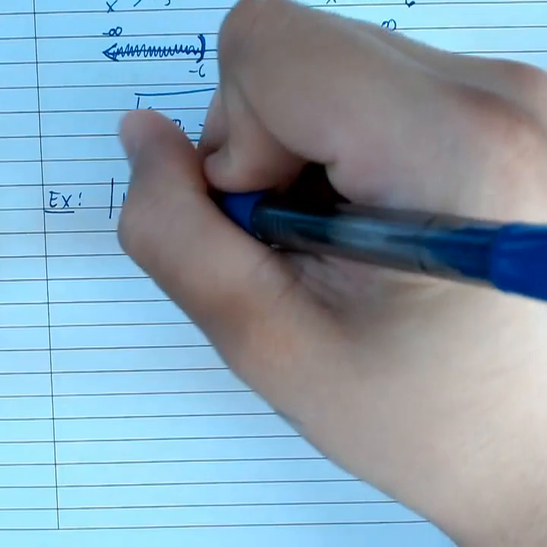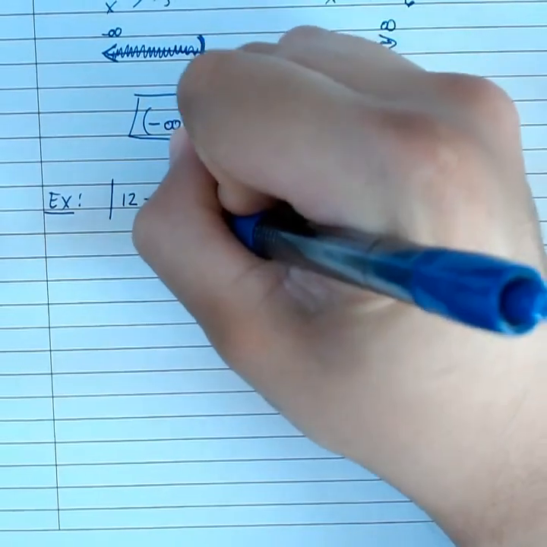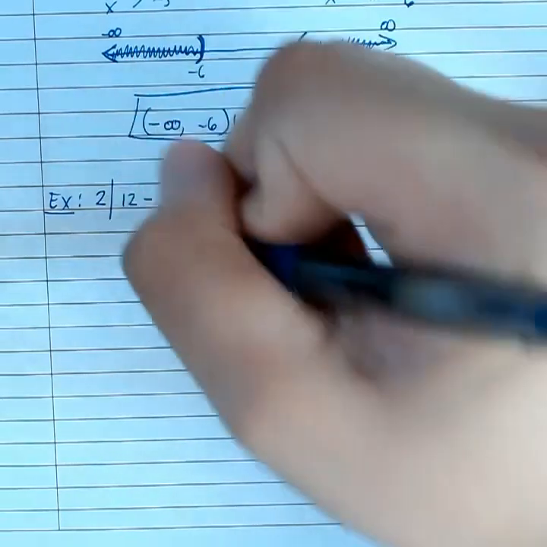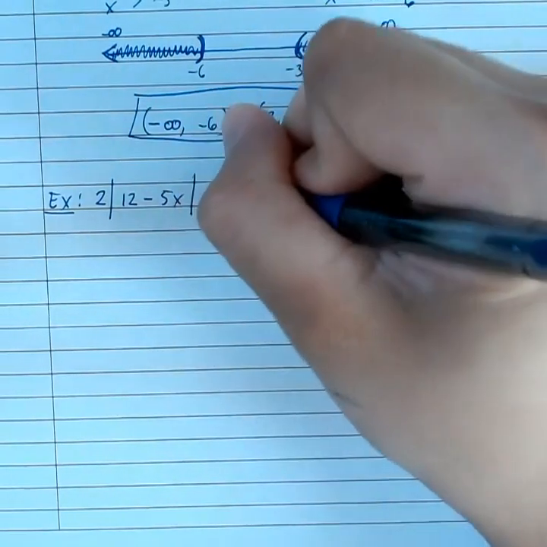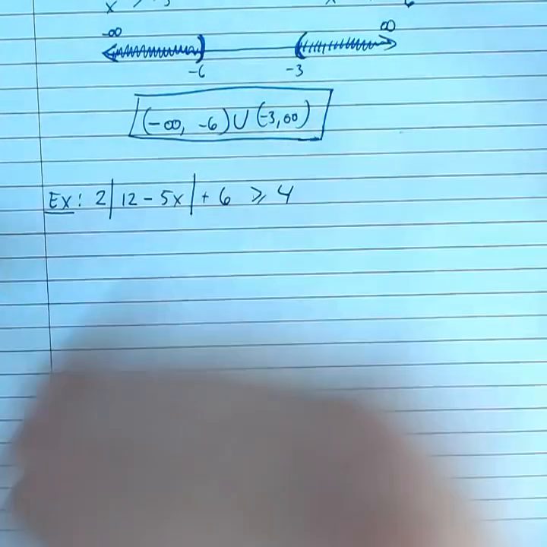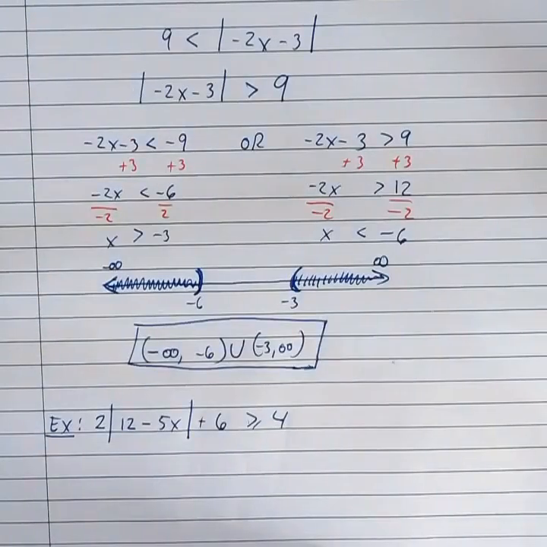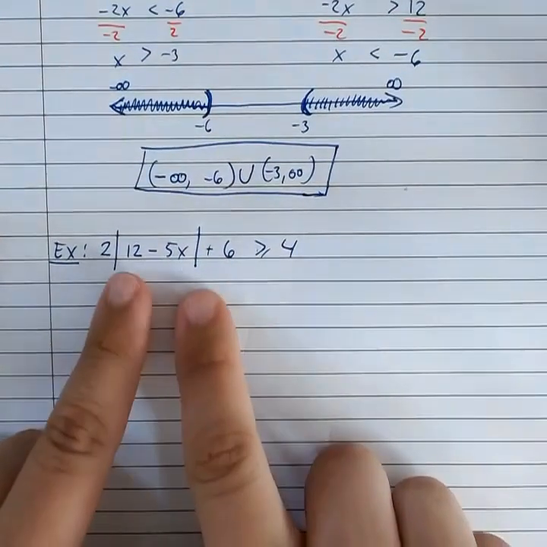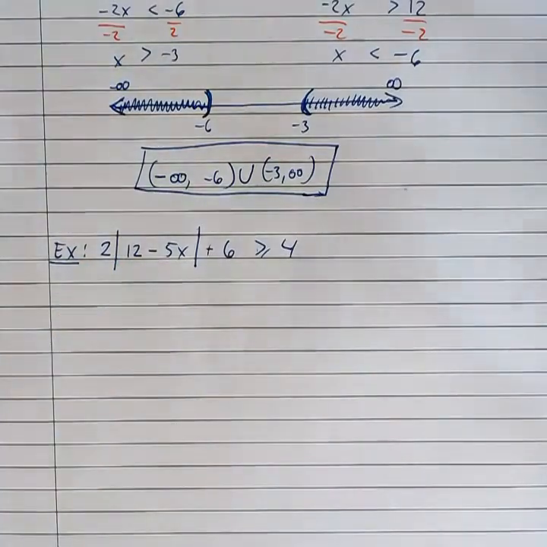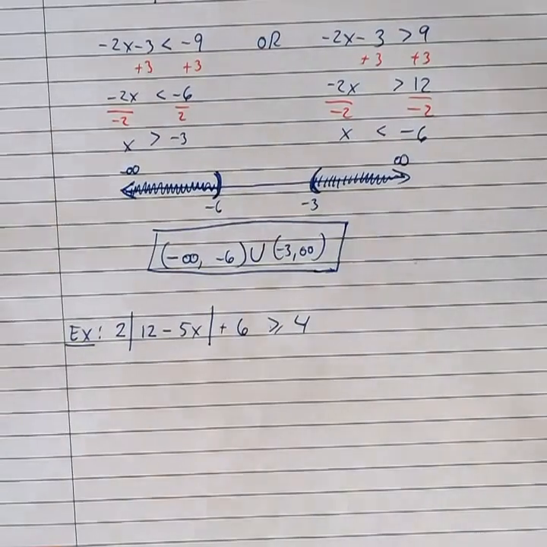So let's say you have the absolute value of 12 minus 5x, that's multiplied times 2, plus 6 is greater than or equal to 4. All right. So here, this doesn't look any different from the previous problems we've done. What we're going to do is start off by isolating the absolute value, because we would then try to see, okay, can we rewrite this as an AND statement or an OR statement?